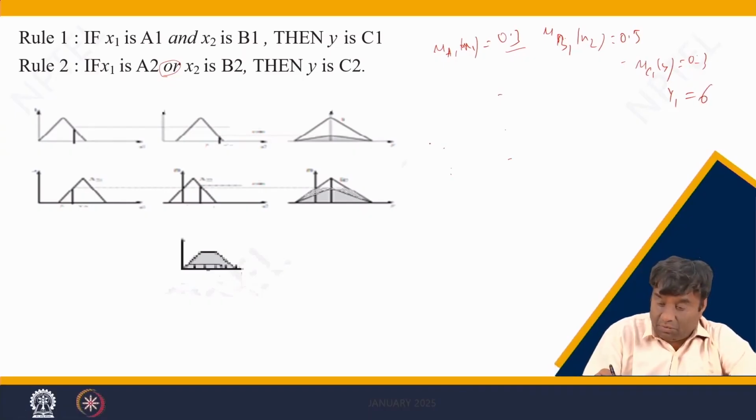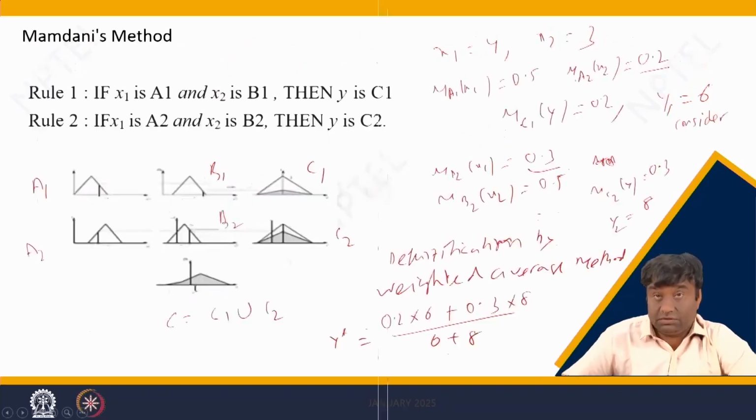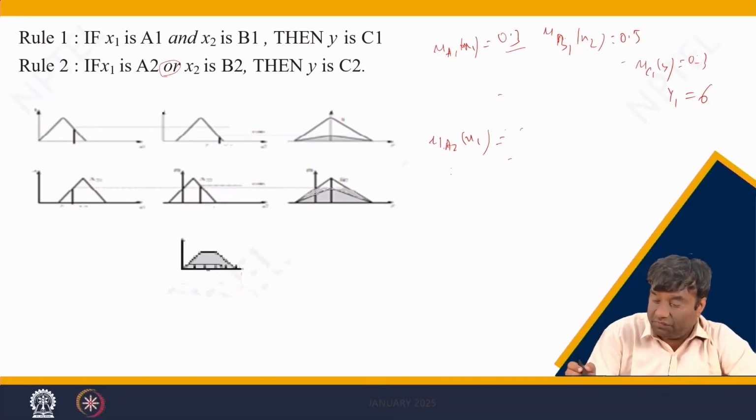Similarly here mu A2(x1) is 0.5, and mu B2(x2) is 0.2.